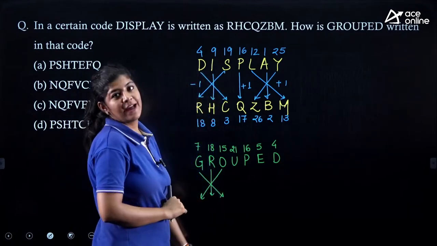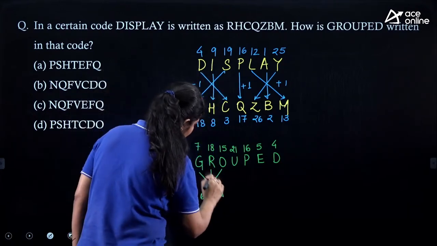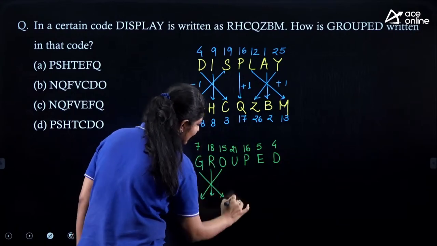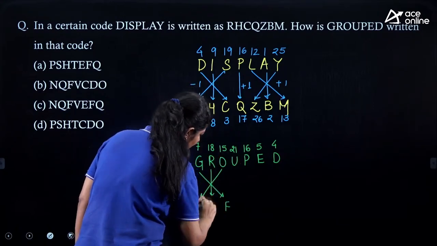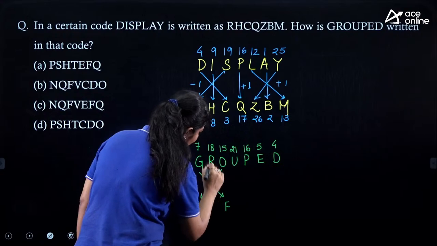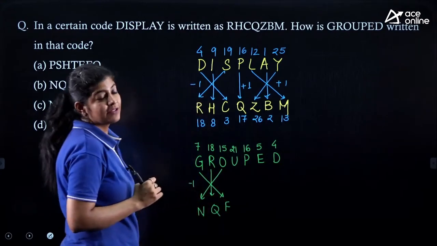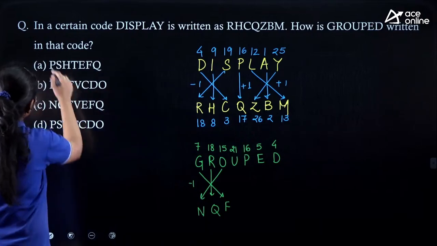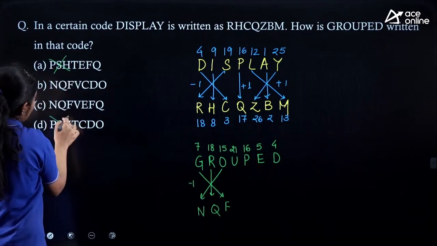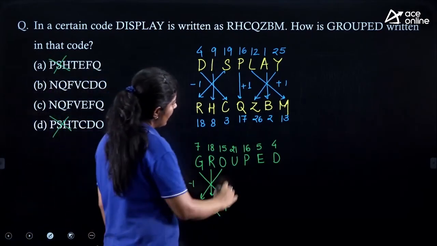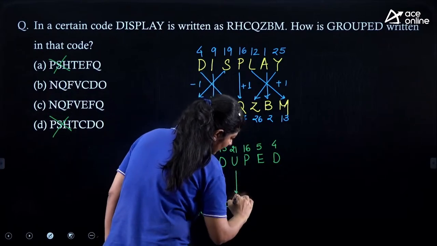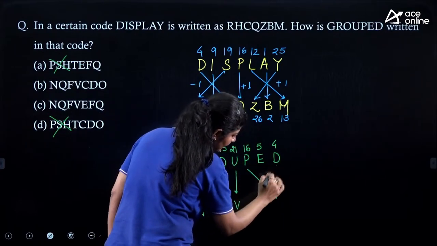So initially we have to apply a logic of -1. So it should be 6. 6 is associated with F. 14 is associated with N, and this should be 17, which is associated with Q. So my answer should start with NQF. NQF. Now +1, it will become V, right?